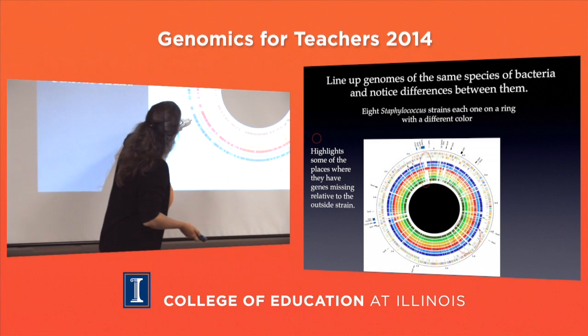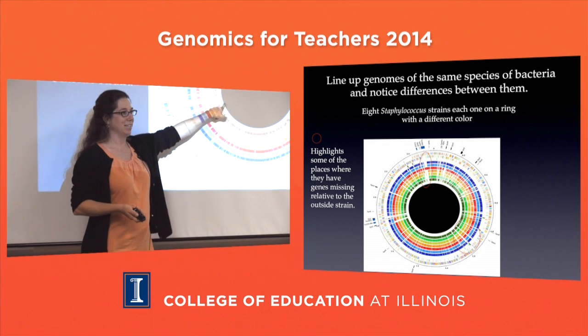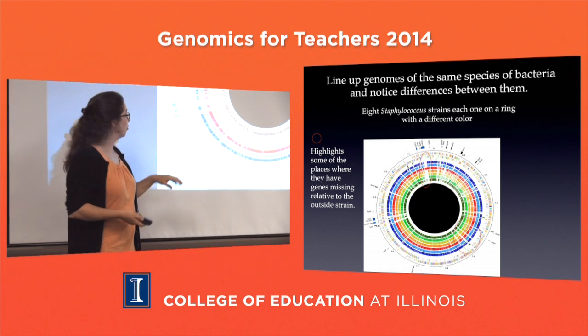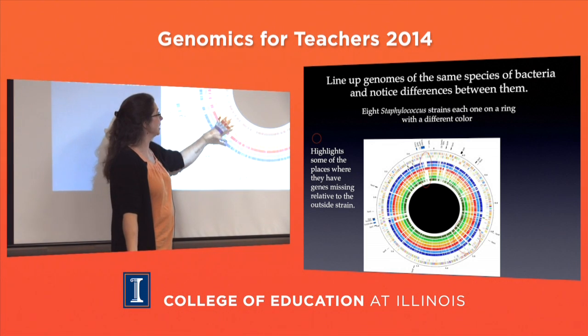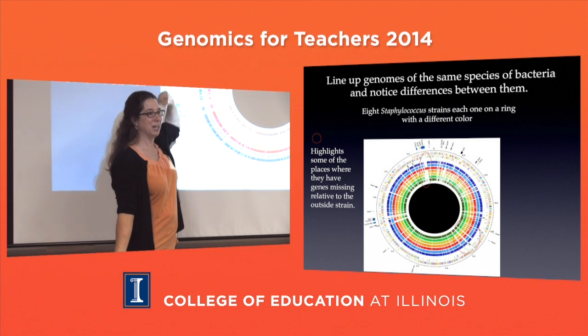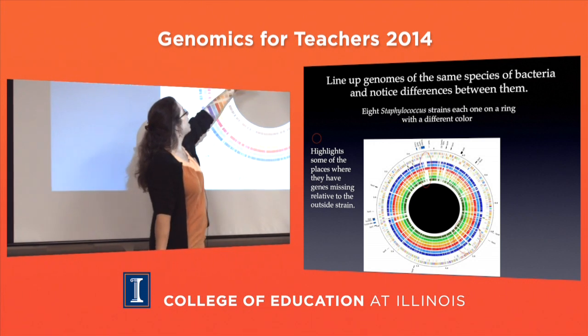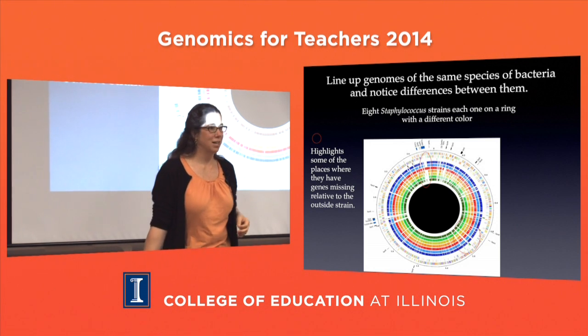So if there's a line going all the way in, it's something that this outside guy had and none of these other guys have. And of course, that would happen if you used anybody else as a template, and you're not seeing the things that this outer strain doesn't have, right? But the point is that there's islands of genes, they're called, that are present in some strains but not others.